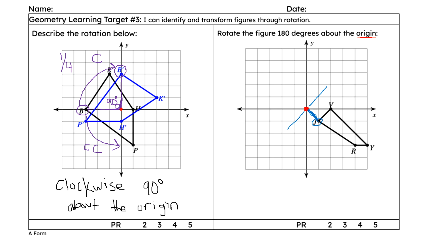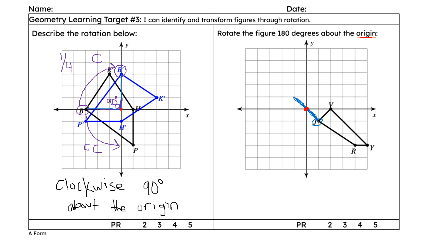So I'm not doing that. I want a full 180, which is a half turn, in which case I'm going to continue that line to the other side. I'm going to go the same distance I originally did, from J to my point of origin, and my point of origin to J prime is the same distance.